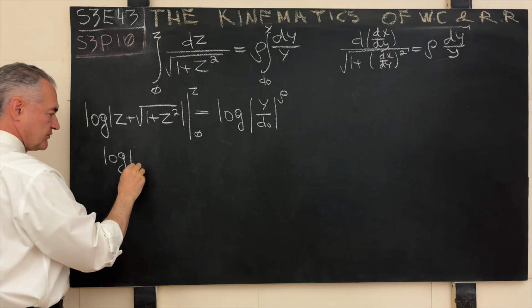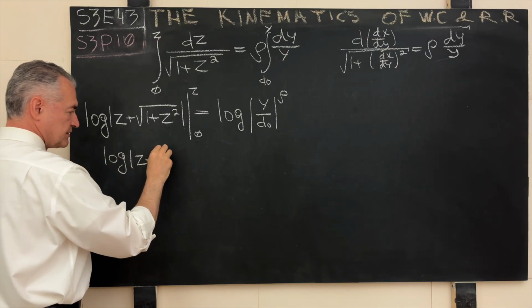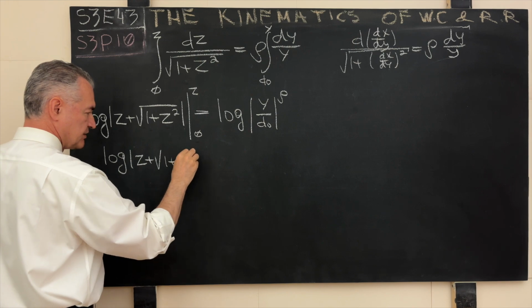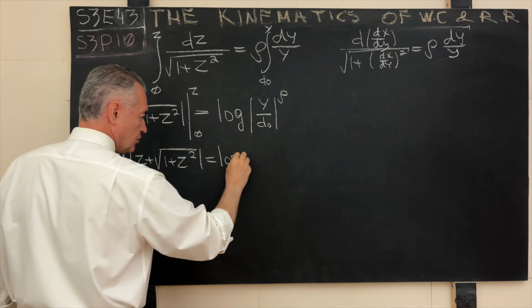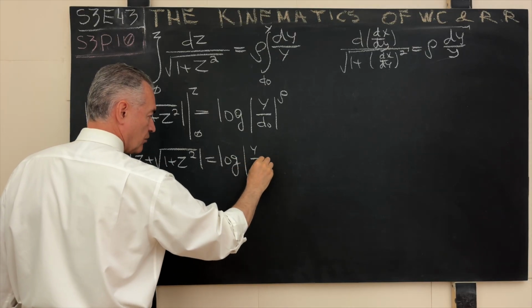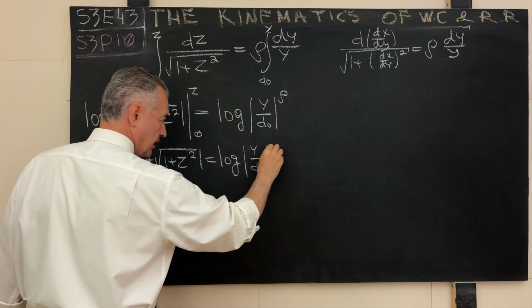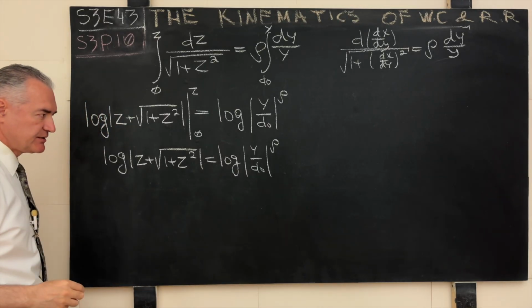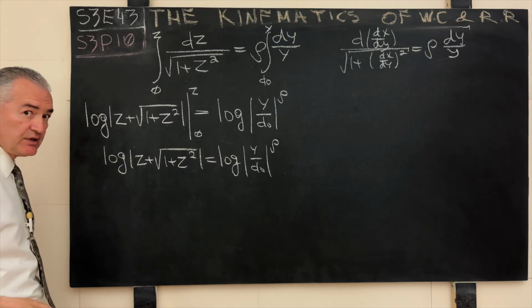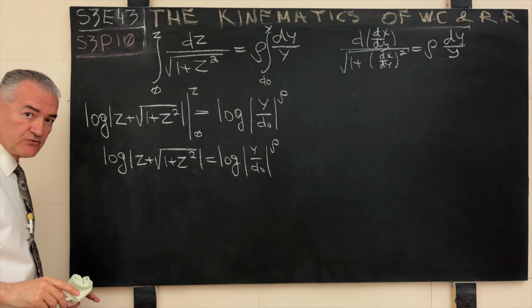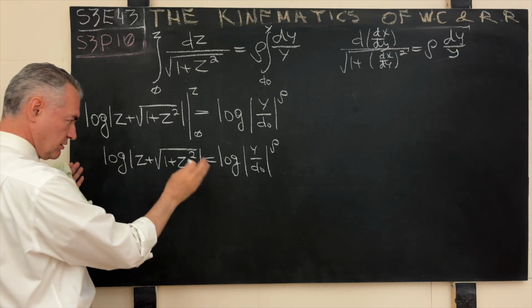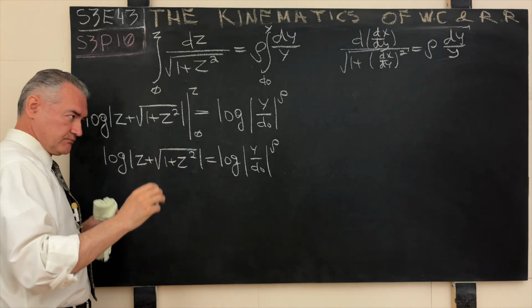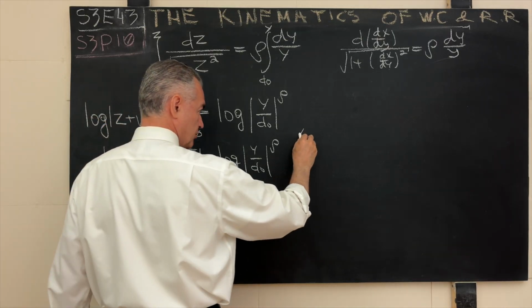Natural log of z plus square root of 1 plus z squared equal to log of y over d0. Again, here, throwing pedantic mathematics a little bit aside: when we have this equality in complex analysis with multi-valued functions, we have to be extremely careful, but this is real analysis, real mathematics, pun intended. So what do we have here?